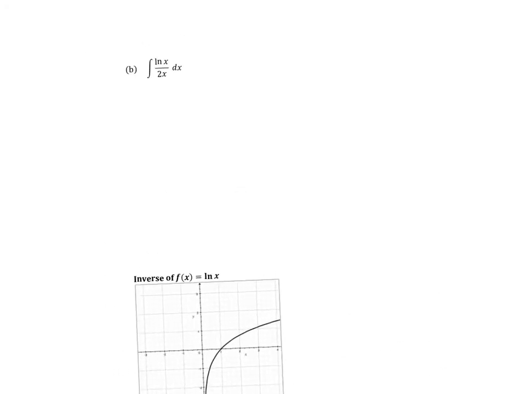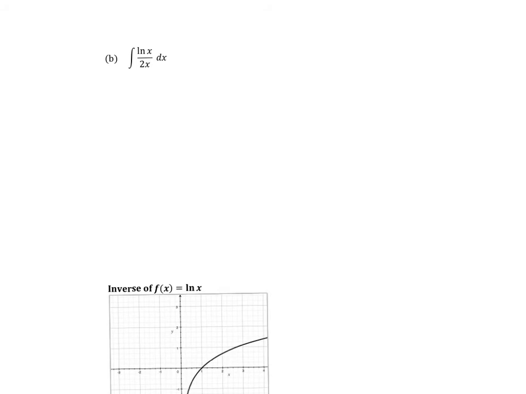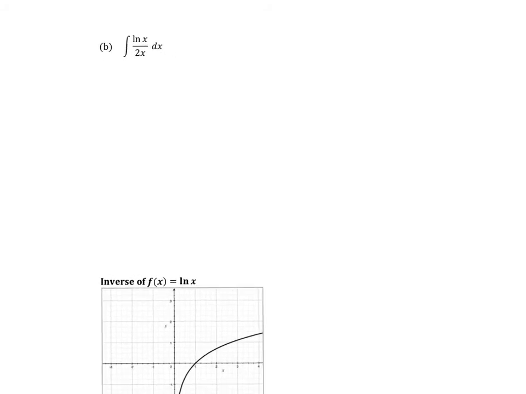I have the integral of the natural log of x over 2x. Again, I have a quotient or division of two functions of x, so I cannot integrate it the way it is. I'm going to do u substitution. I'm going to let u be the natural log of x, and that's because I know the derivative is going to be 1 over x.